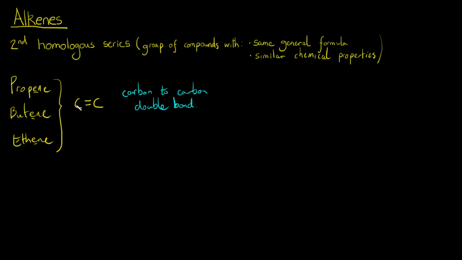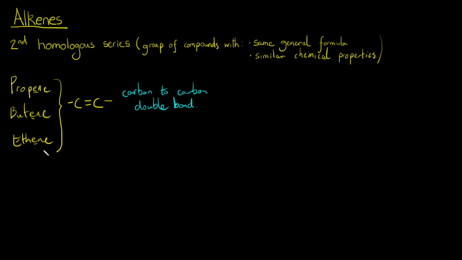We have got a carbon bonded to another carbon, but not like we've seen it before, not with just one covalent bond between these carbons. There are two covalent bonds, so two shared pairs of electrons between the carbons. And every single alkene, propene, butene, hexene, octene, etc., always has one carbon to carbon double bond.